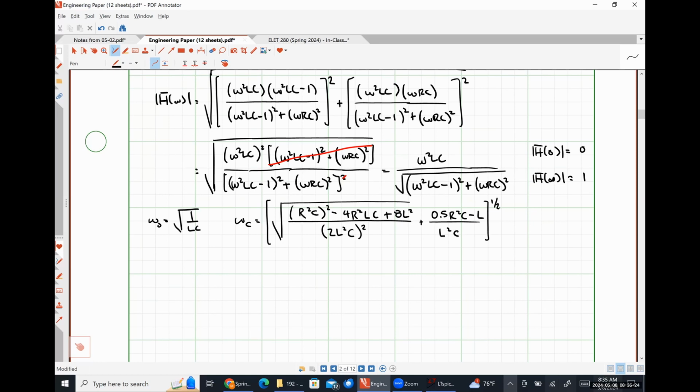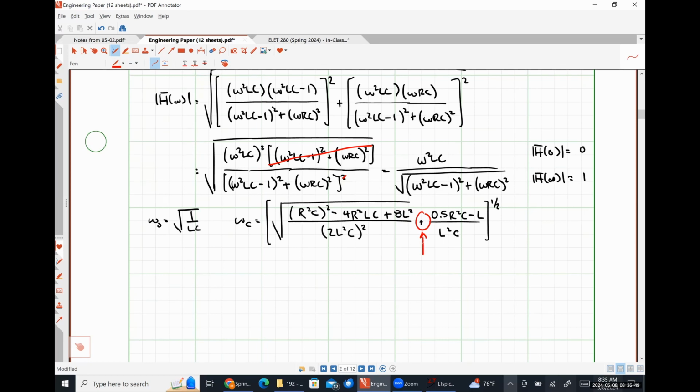So look back at your notes that we just did for the previous example and tell me what the difference is. That sign, that's it.